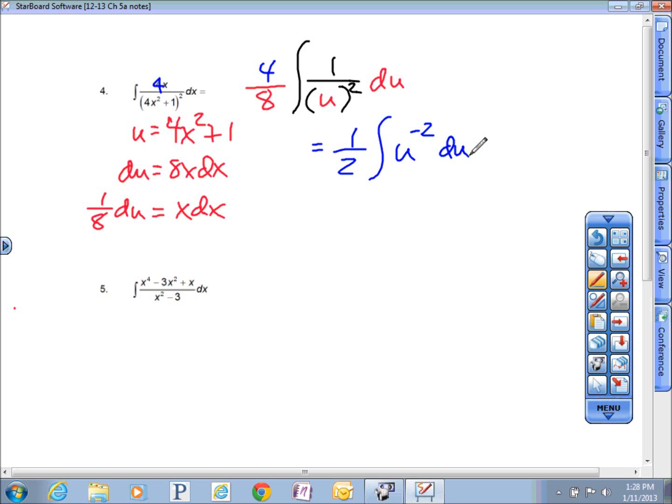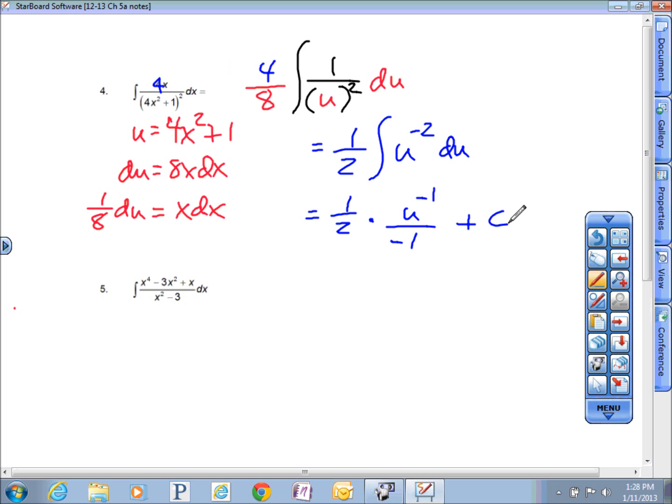Well, now if you go to integrate that thing, don't try to force a natural log in every problem. Trust what you know how to do. Well, we knew how to do power rule before we started watching this video, so let's try to do power rule again. 1/2, add 1 to the power, divide by the new power. Don't forget c.